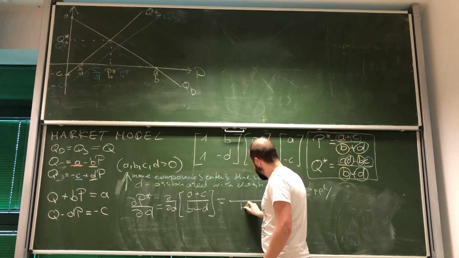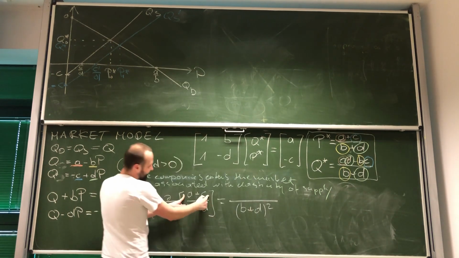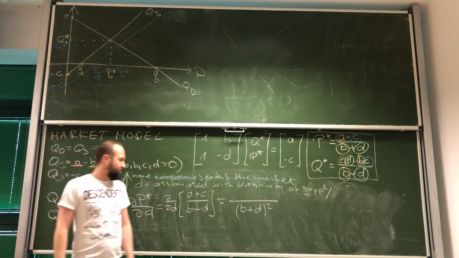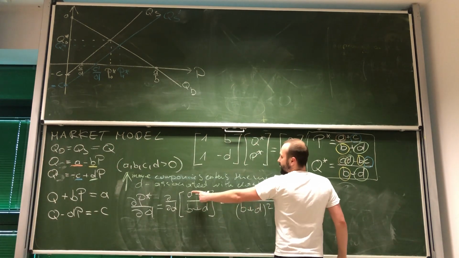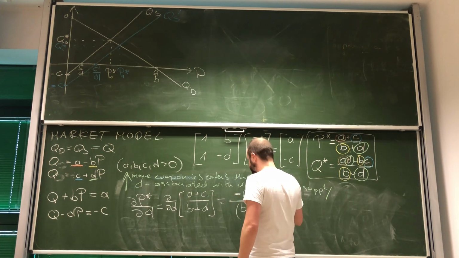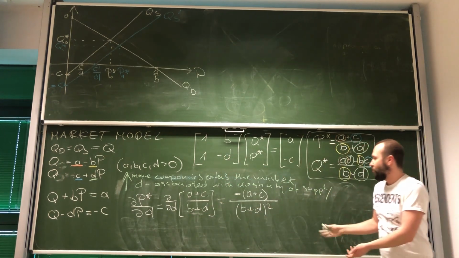So we start with (B plus D) squared. Now, we see that this expression here doesn't have D, so it's going to be 0. We can skip it, so we've got just minus this expression, A plus C, times the derivative of this with respect to D, which is 1.